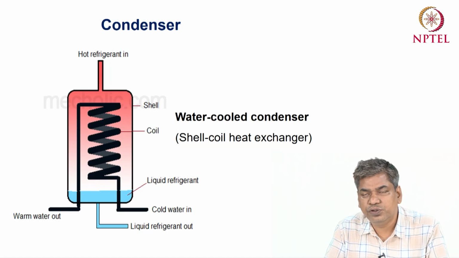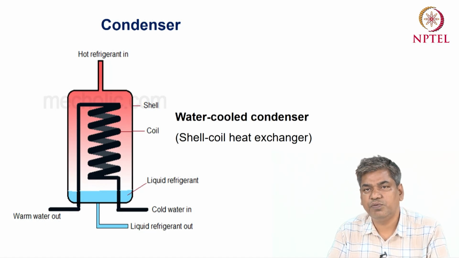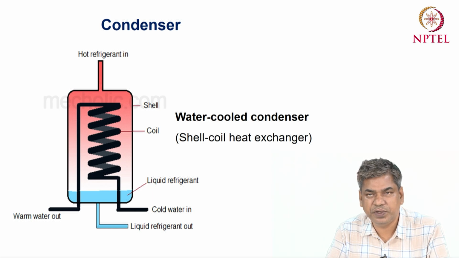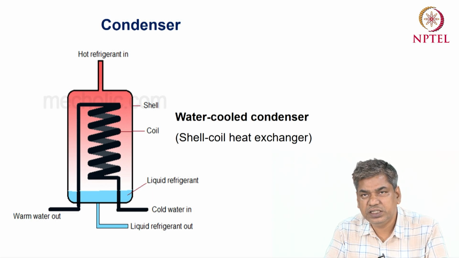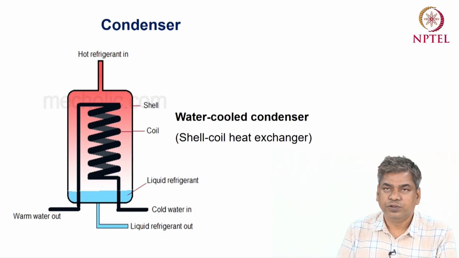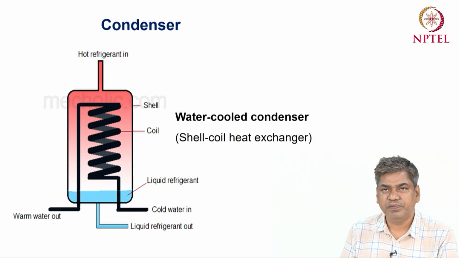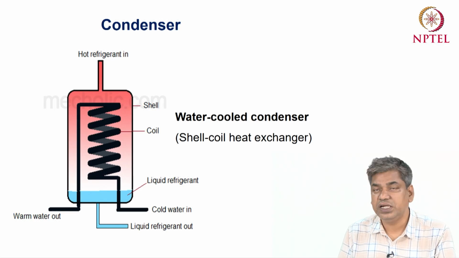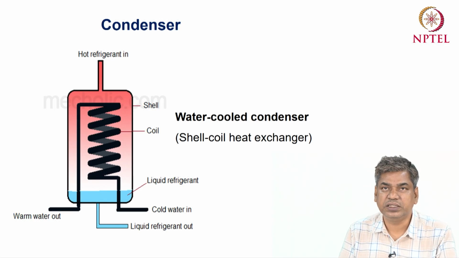In this tube there is a flow of water, and outside of this tube there is a flow of refrigerant. So the refrigerant is condensed or cooled down by using the flow of water as a coolant. This type of system may be used for some medium capacity refrigeration applications.